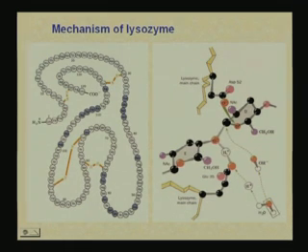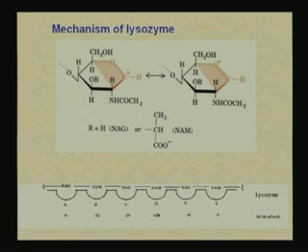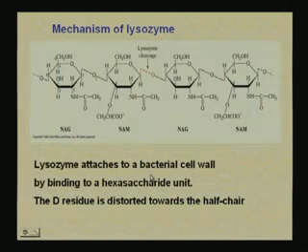The lysozyme active site can accommodate 6 NAG-NAM parts of the bacterial cell wall, and it will cleave between moieties D and E. So we have our NAG, we have our NAM, we have a set of 6 such units which fit into the active site, and the cleavage is going to occur between the D and the E. So this is what we have.